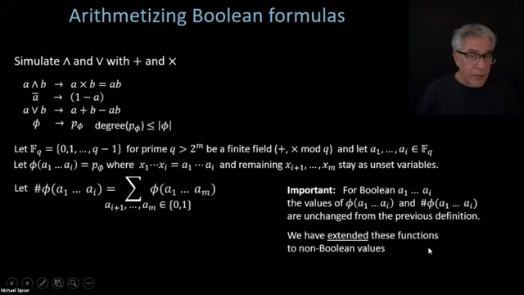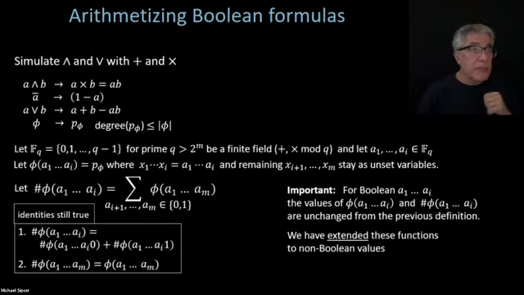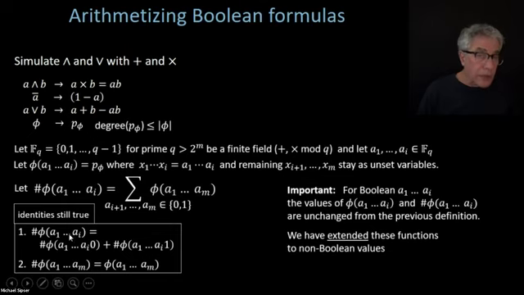I'm repeating what I said. And there's another point that you have to check, which is that the identities that we had earlier, which connected what happens when I set the first i values and when I set the first i plus 1 values, still hold.